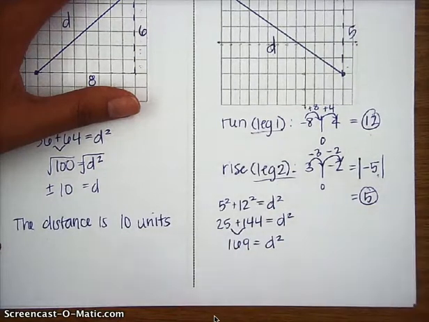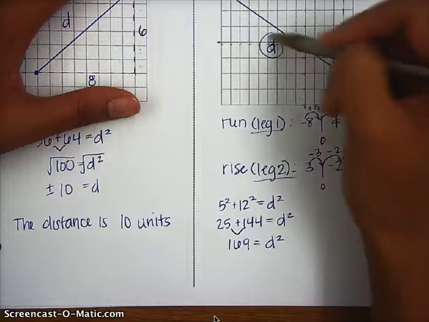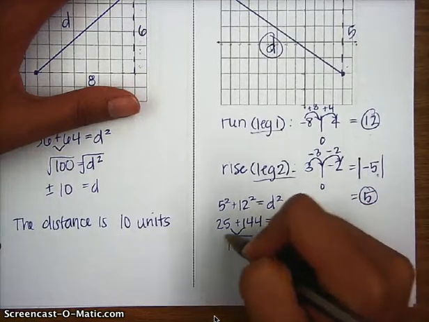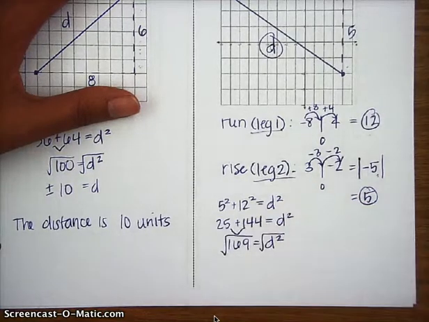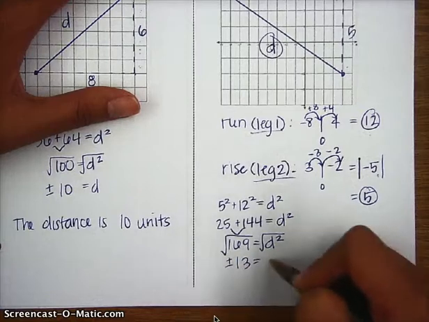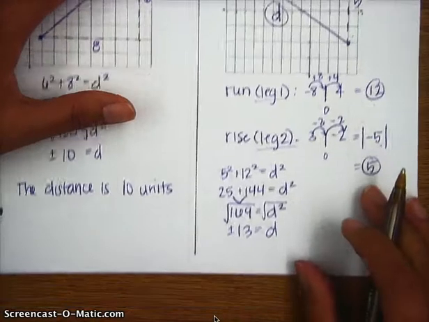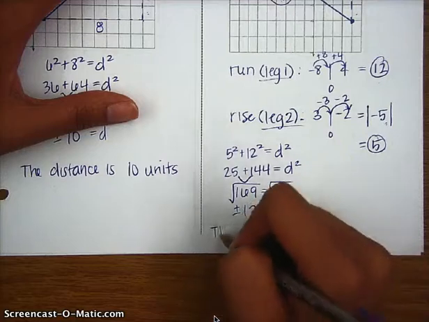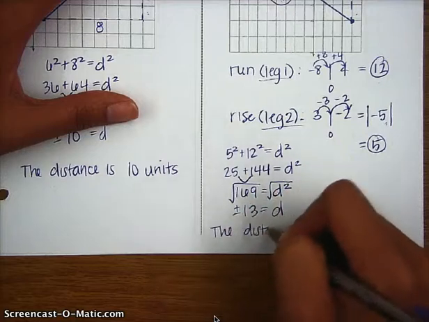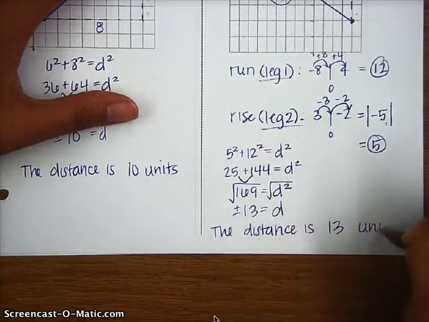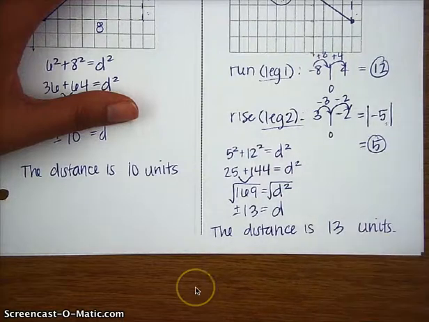Please note, I'm trying to find the value of d, so I'm not done. I still need to take the square root of both sides. So the square root of 169 is positive and negative 13. But yet again, I would never describe distance as being negative, so I get to eliminate that option and say the distance is 13 units. Again, please don't forget to put the word units.